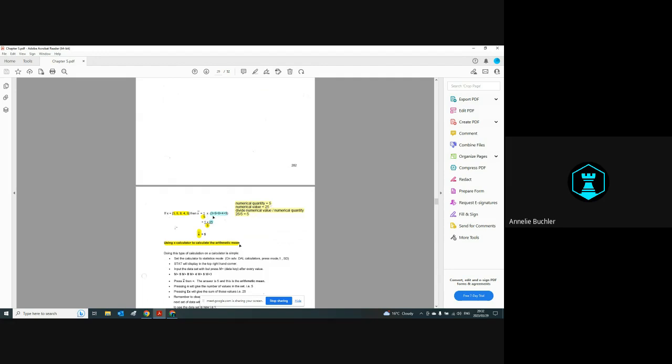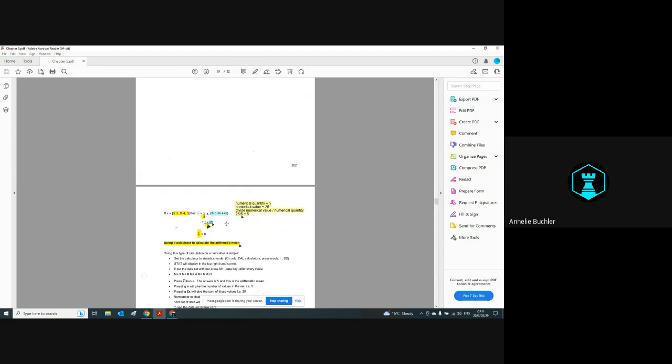So this is how your sum looks: 1 over 5 times your data. The value of your data is 25. If you divide 25 by 5, you get 5. So your answer is 5.